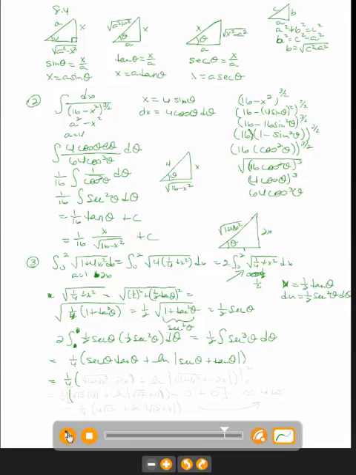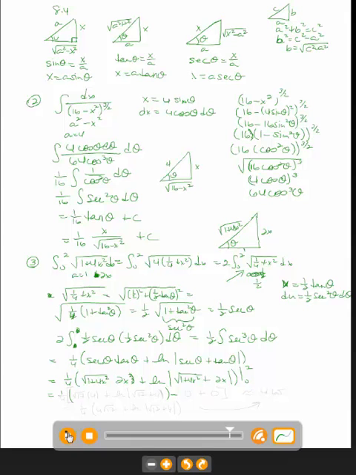Secant is the flip of cosine, adjacent over hypotenuse. So hypotenuse over adjacent, which is just the square root of 1 plus 4x squared. And then tangent, which is opposite over adjacent, that would just be 2x. Plus natural log, again, secant plus tangent. And the whole thing is evaluated from 0 to 2.